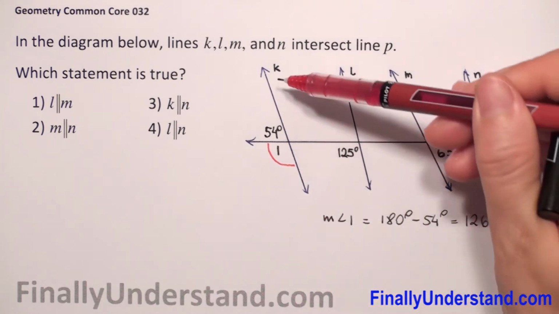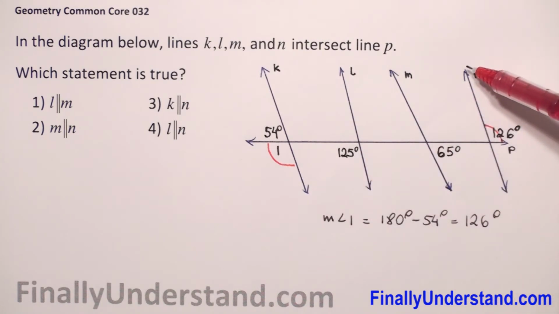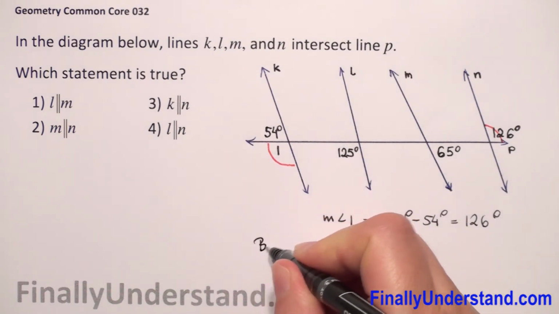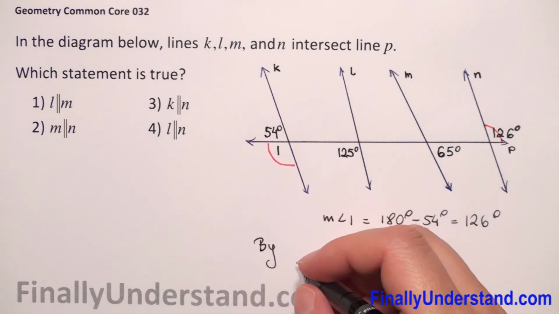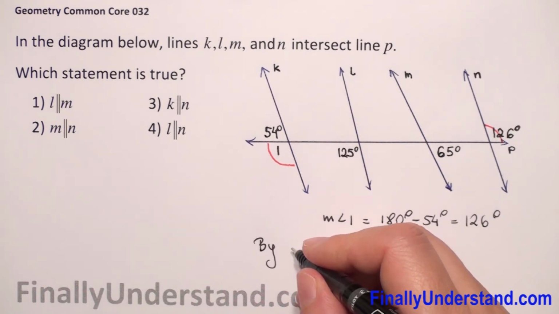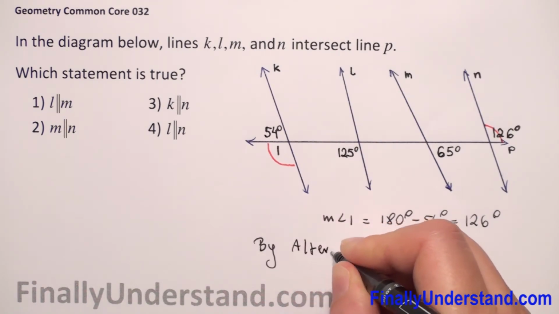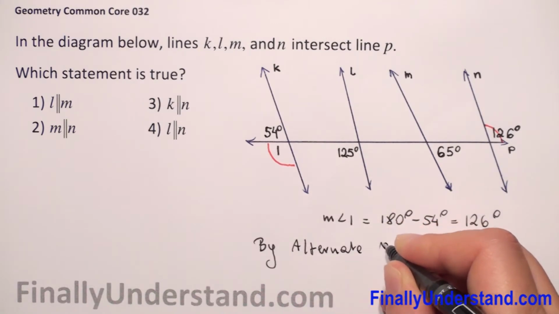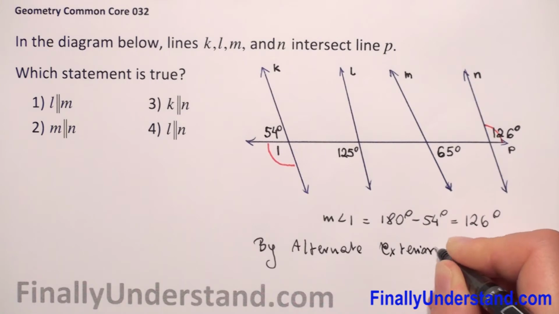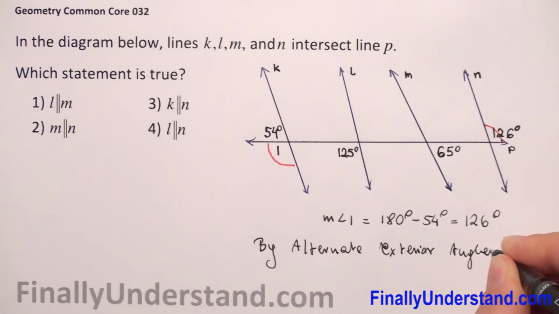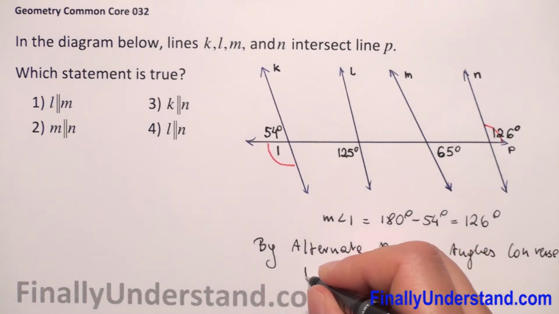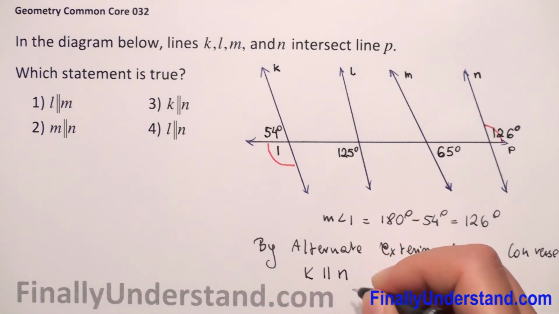So it means that line K is parallel to line N. So we can write, by the alternate exterior angles converse, we have that line K is parallel to line N.